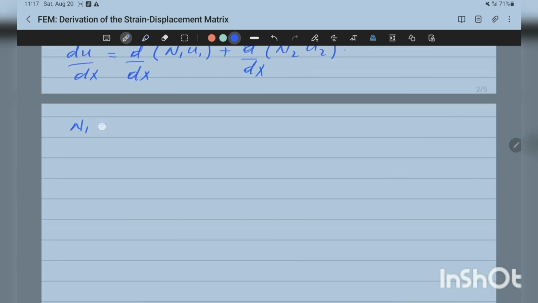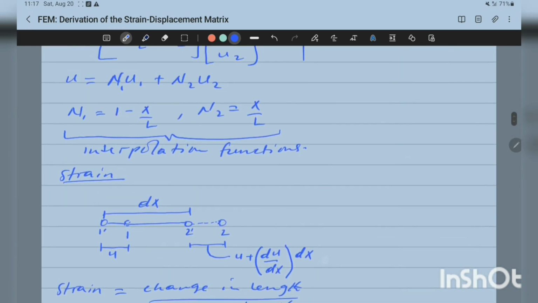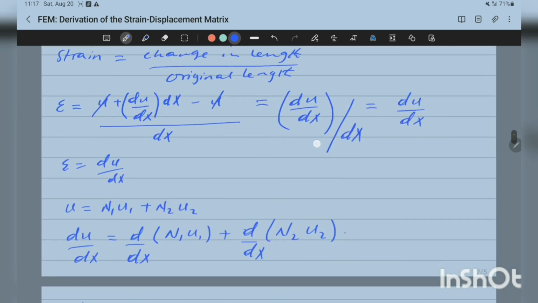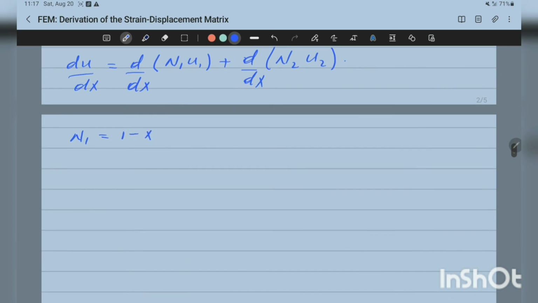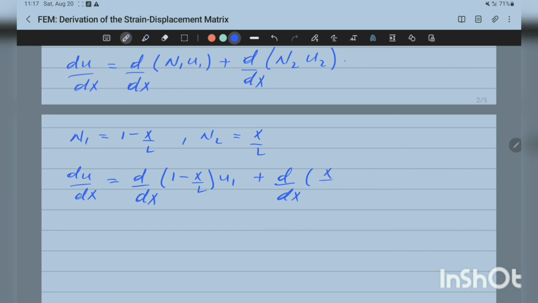We know N1 is equal to 1 minus x over L and N2 is x over L. So du dx will be d/dx of (1 minus x over L) u1 plus d/dx of (x over L) u2.